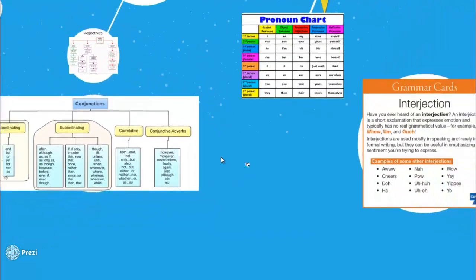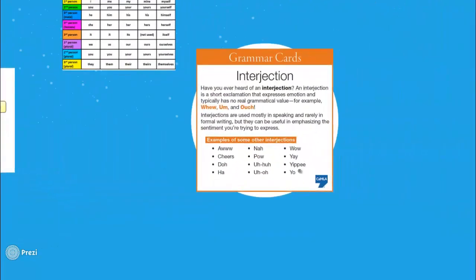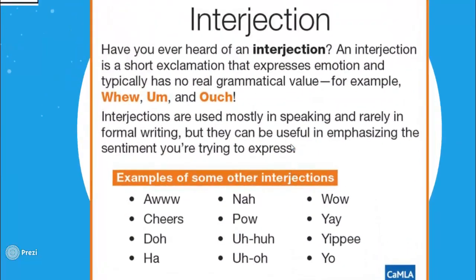Then, to finish up this first topic of the parts of speech, I'm going to talk about the interjection. Interjections are exclamations. With these exclamations, we express emotions that typically do not have a real grammatical value.